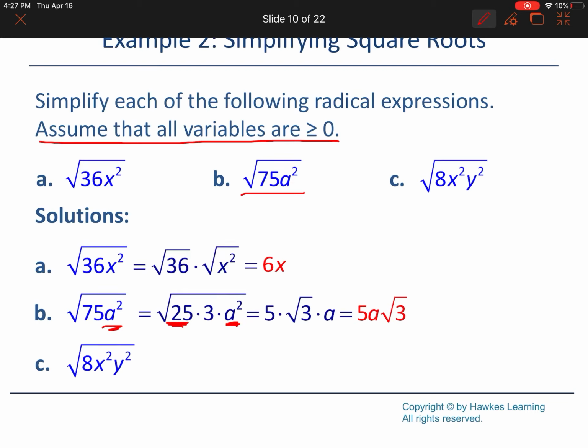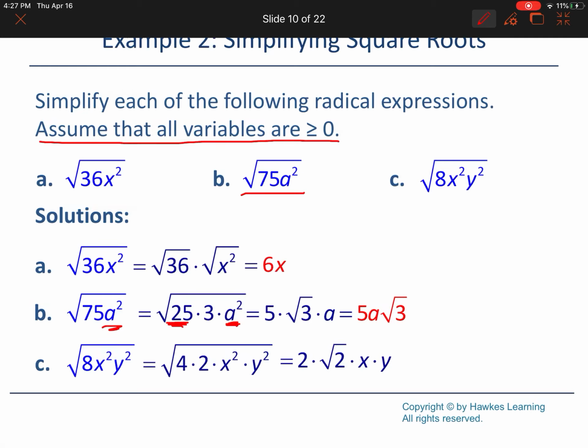All right, so we would look at the square root of 8. 8's going to be 4 times 2. And then our variables are already in squares, and so we're just including each of them, right?